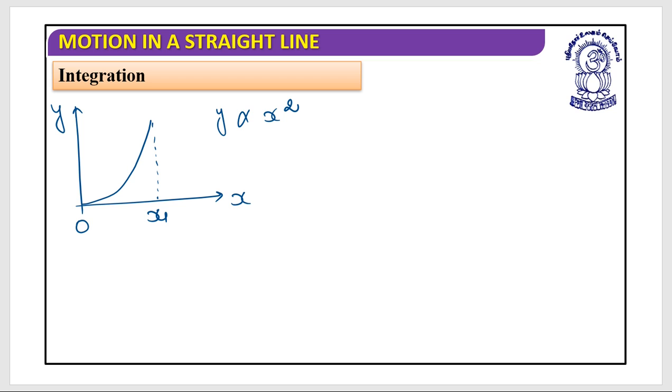In mathematics we have one very powerful tool, integration. What I can do is just integrate this from 0 to x1. So this is how and why we require integration. I hope these things are clear to you.